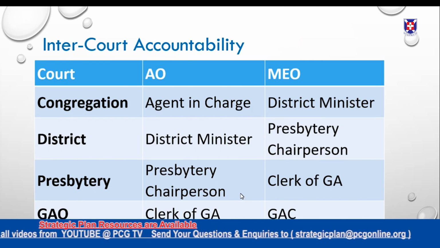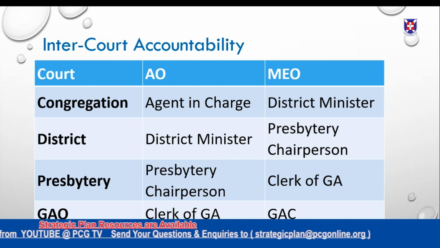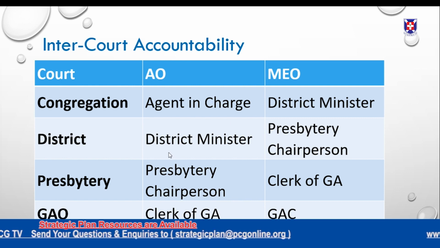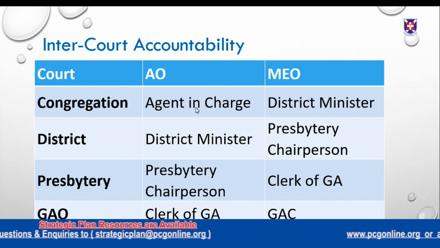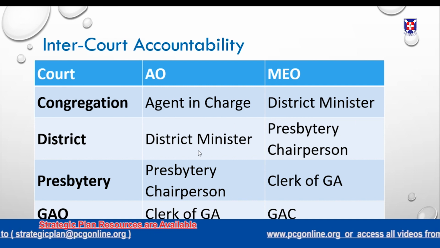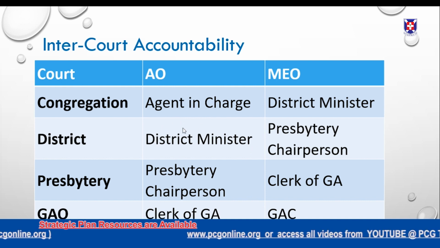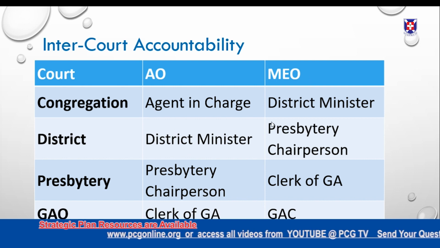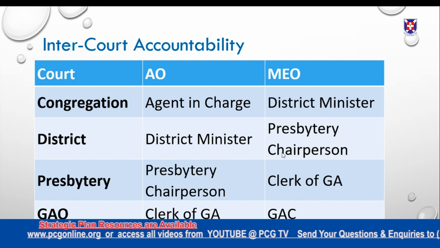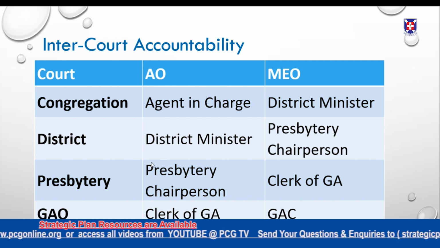So the accountability matrix, the intercourt accountability matrix, is what is shown now. In the congregation, the AO is the agent in charge, and the MEO is the district minister. In the district, the district minister now becomes the accountable officer, and his monitoring and evaluation officer is the Presbytery chairperson. At the Presbytery, the Presbytery chairperson becomes the accountable officer.